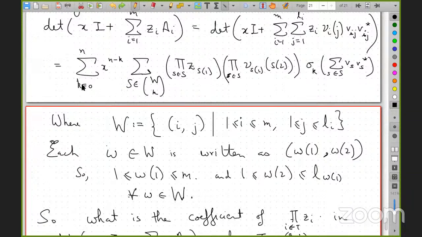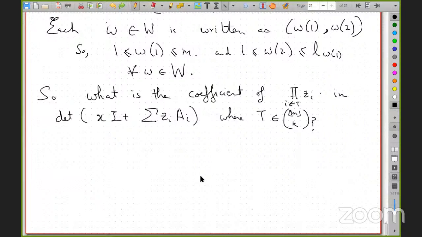The degree k terms come from exactly those sets S which are of size k, the degree is not changing. But as Siddharth was saying, the first coordinates must all be different, and they must exactly be the elements of T.